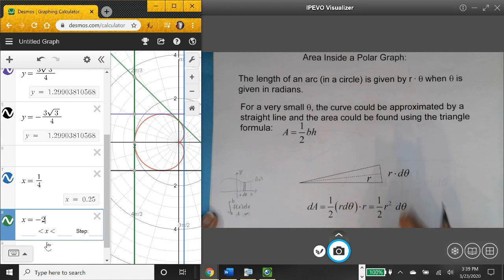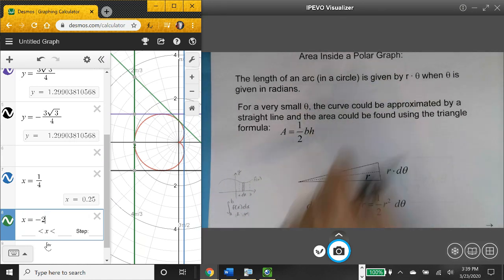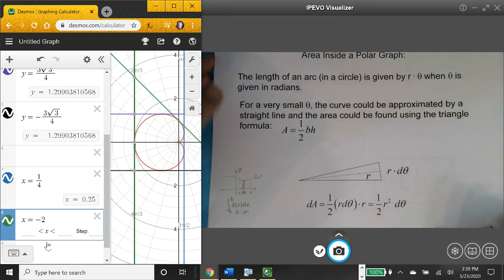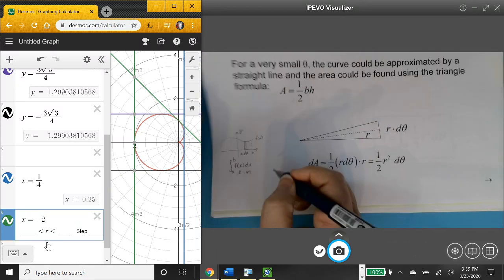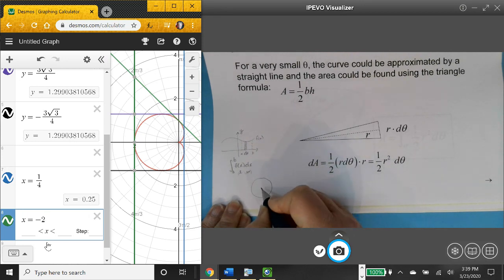But inside a polar graph, what we're going to be doing instead is sweeping out sectors of a circle. Well, what is a sector of a circle? I'm not very good at drawing circles, but here's my best shot. Here's my circle. I'm going to be sweeping out sectors, where I'm going to let r equal a certain amount.